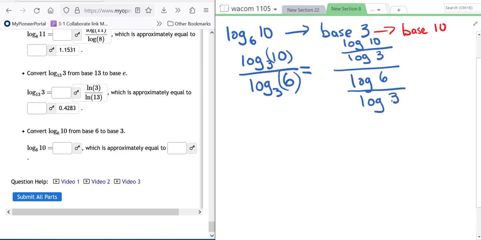And now these are base 10. So to punch that in my calculator, if I'm very careful with parentheses, I could do this whole thing divided by this whole thing. Or I can do some algebra, whichever one I want, and I'll try to show you both. So I'll show you the algebra. So we can write it across as divide.